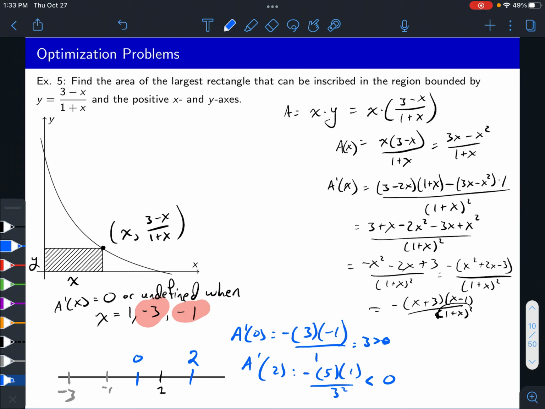So this is positive and then negative. Okay, and that's good because that looks like that is going to maximize it for us. Okay, so x equals 1 maximizes area. So what is our maximum area?